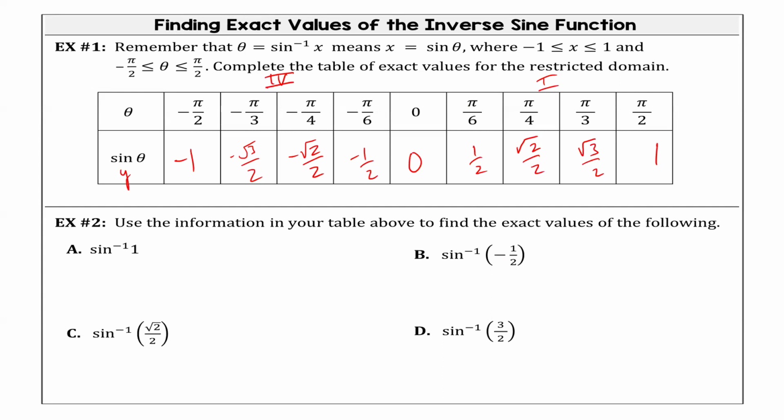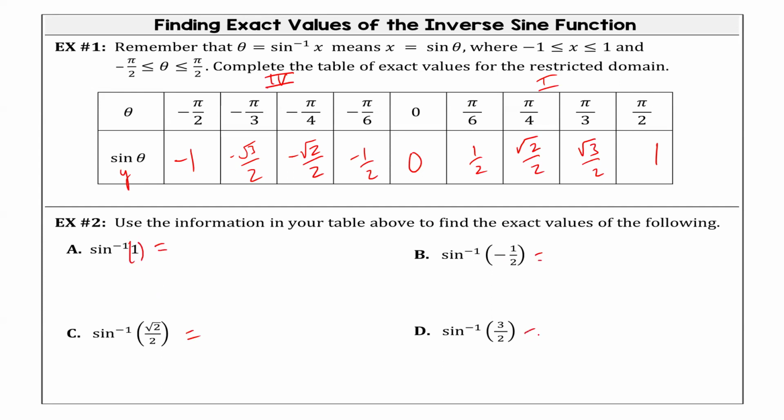Really quick, I want you all to do example number 2. I'm asking you, for what angles do I get y equals 1? And y equals -1/2? Sorry, that should be sine theta equals 1.